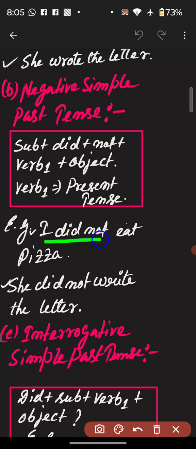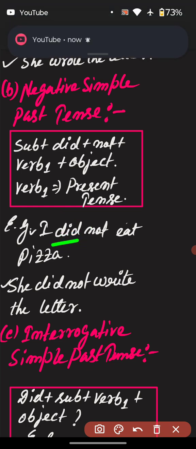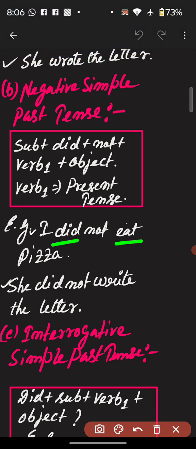I did not eat pizza. Here I am using two verbs. One verb is did, and another verb is eat. So in this sentence, we are using two verbs, one is the do verb, the past form of the do verb, that is did, and another one is eat.